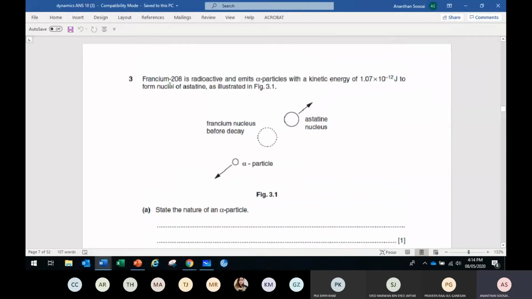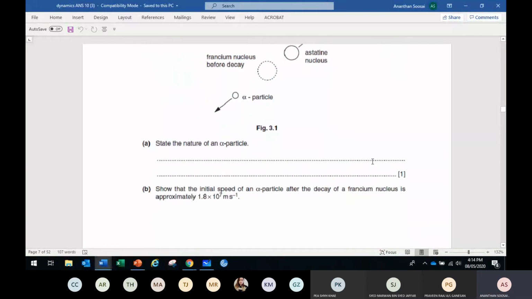A francium-208 nucleus emitted an alpha particle with a kinetic energy given in joules, leaving a nucleus of astatine, as illustrated. Astatine going up, alpha going down. Francium will break into alpha and astatine. The alpha moves at 10% of the speed of light, so the astatine has to recoil backward.